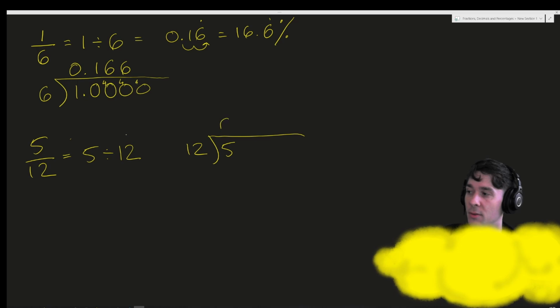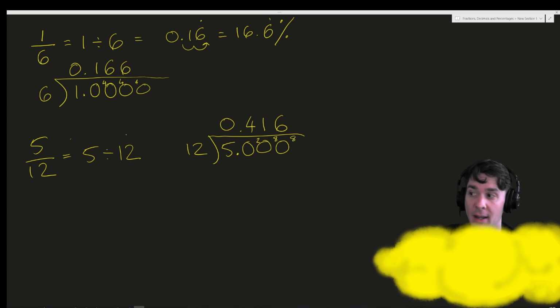12 goes into 5 0 times, so we put decimal places and add a 0. 12 goes into 50 4 times, that's 48. So we have a remainder of 2. 12 goes into 20 1 time with a remainder of 8. 12 goes into 80 6 times, that's 72.